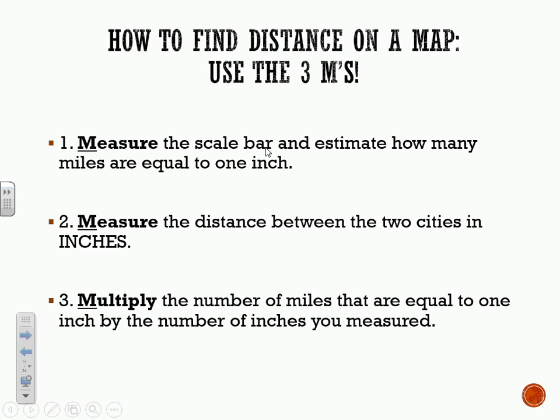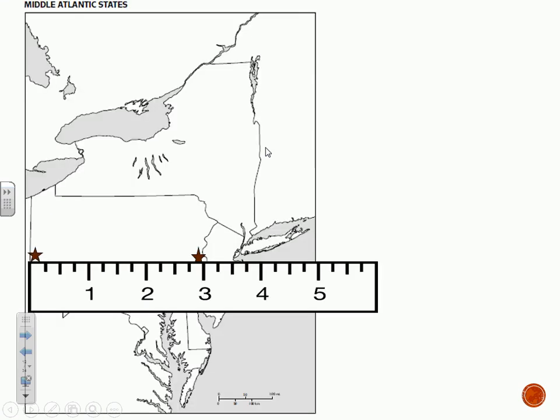If we look here, we have this point and this point that we want to see how far apart they are. If we measure, we can see that it's 1, 2, 3 inches between the 2 points. It's really hard to see down here, but 1 inch equals 200 miles.